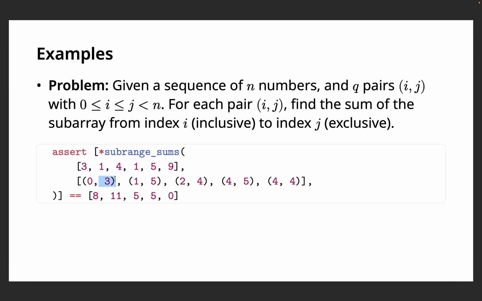So 3 is exclusive, so 3 plus 1 plus 4 is equal to 8, which is why this corresponds to the 8 over here. For the second one, 1 to 5, that's 1 plus 4 plus 1 plus 5, and that is equal to 11. So you have to figure out how to get these subarray sums from these inputs over here.